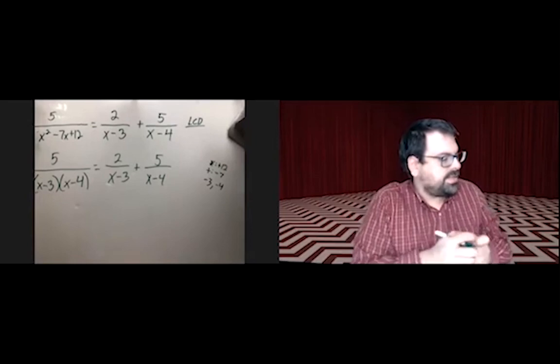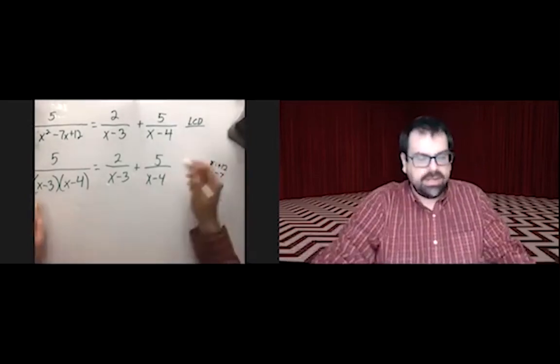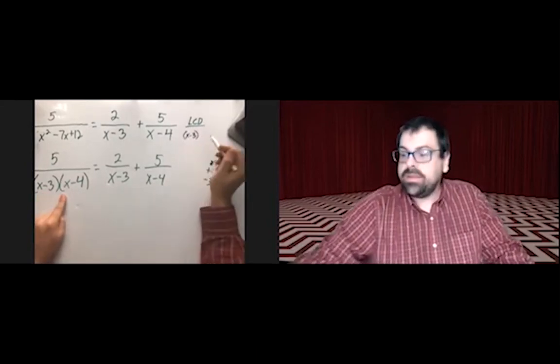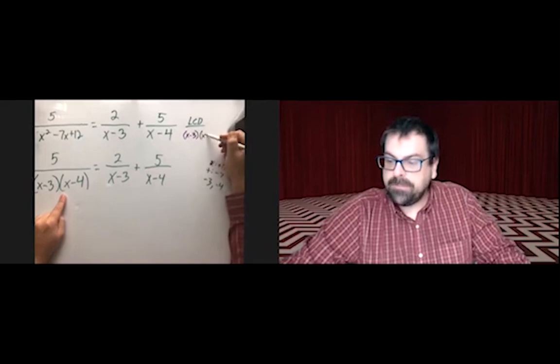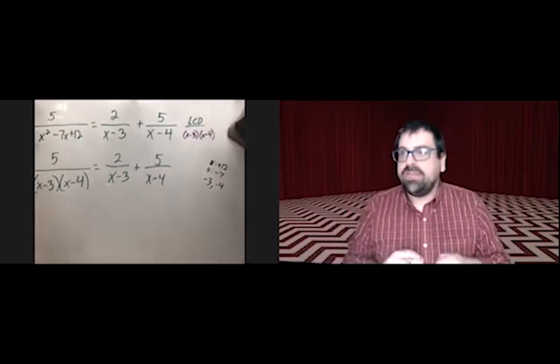Which means that the LCD is x minus 3 times x minus 4, because we already have the x minus 3 and we already have the x minus 4.